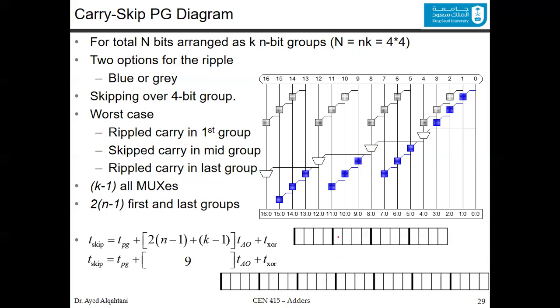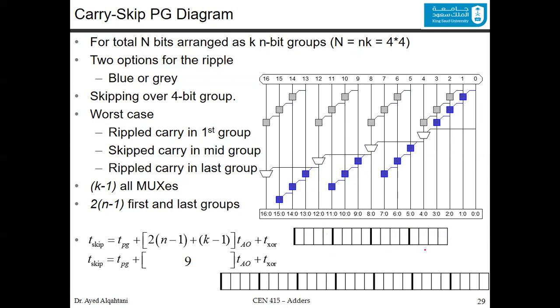We can look at it to understand it. There's another way other than the VG diagram. As you can see, the depth of the VG diagram is less than the ripple adder. So this means that the carry skip adder is advantageous to us. So for this one, if you have 4 bits and you have 4 groups, each one of them is 4 bits.